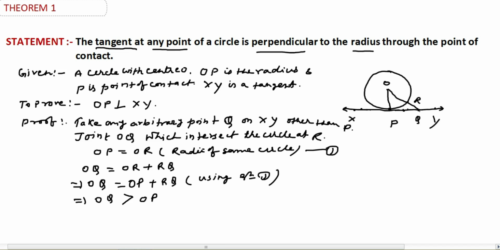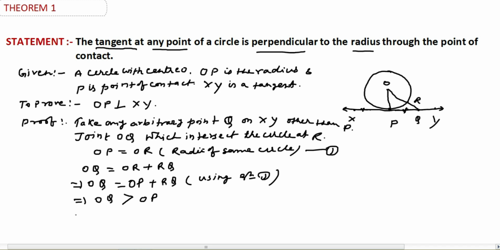Since Q is an arbitrary point on XY other than point P, it can be anywhere. Here is the point Q, so OQ is greater than OP. If Q is at this place, also OQ is greater than OP. So we find in all situations OQ is greater than OP, so OP is the shortest.